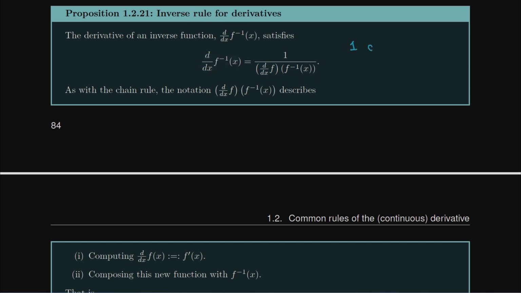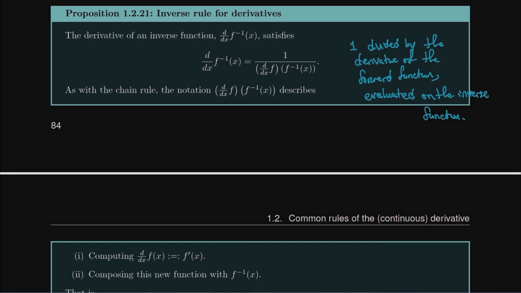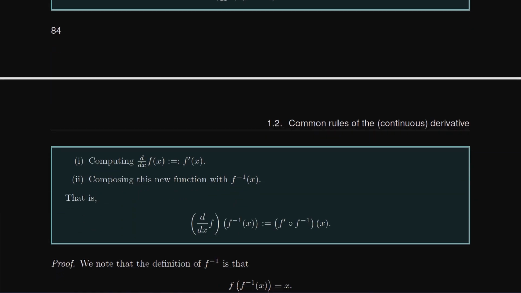So I take 1 divided by the derivative of the forward function, but then I evaluate, or compose, however you want to think about it, on the inverse function. A very cool little rule for finding the derivative of inverse functions.